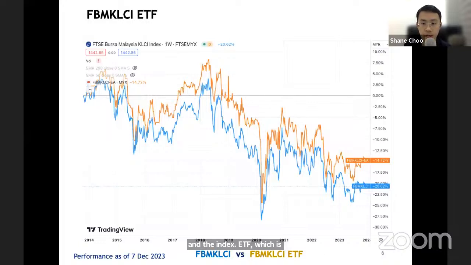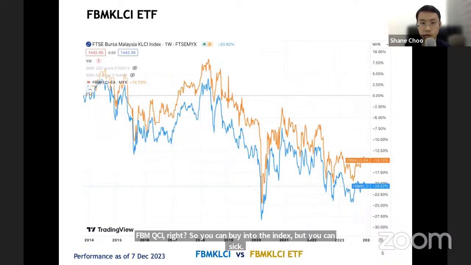If you take a look at this, you see the ETF mirrors the returns of the FBM KLCI. Of course, there are some tracking differences across the 10 year period, but it typically mirrors the return of the FBM KLCI.